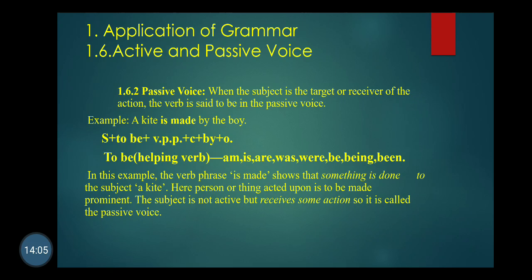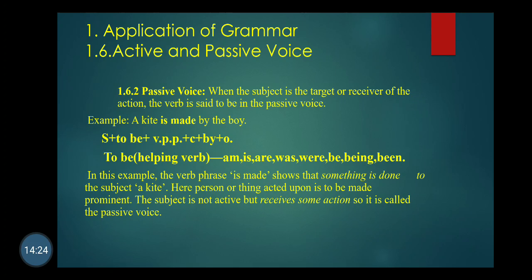I hope you can understand it. What we discussed: the definition of voice, basically a form of verb, transmission of action from subject to object or object to subject. Structure of active voice: subject plus verb plus object or complement.